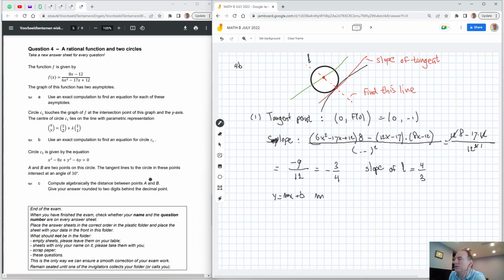We know m is 4/3, and we know that this point is on the line, so minus 1 equals b. So we found our line: y equals 4/3 x minus 1.